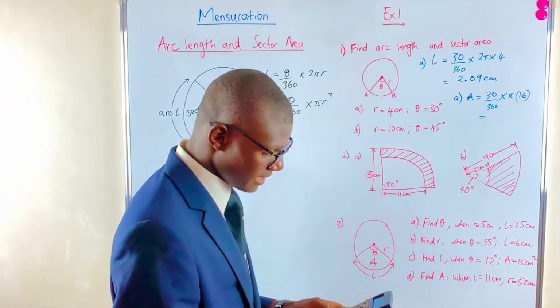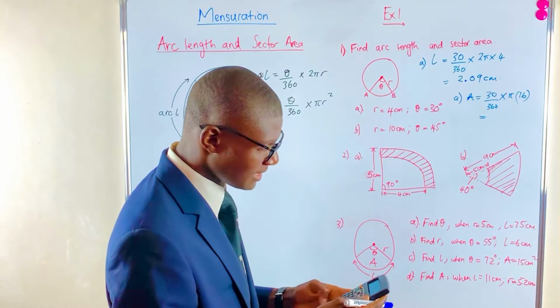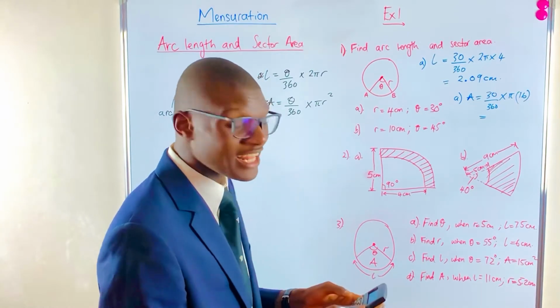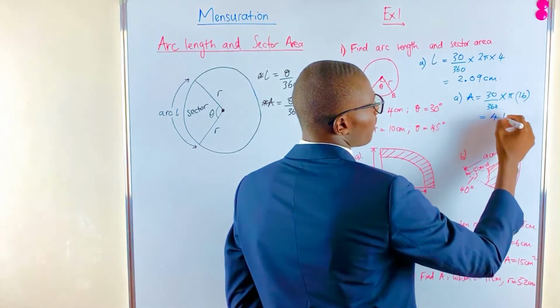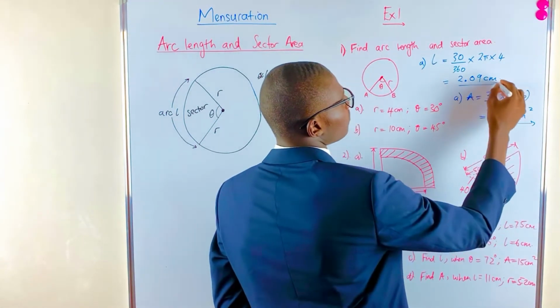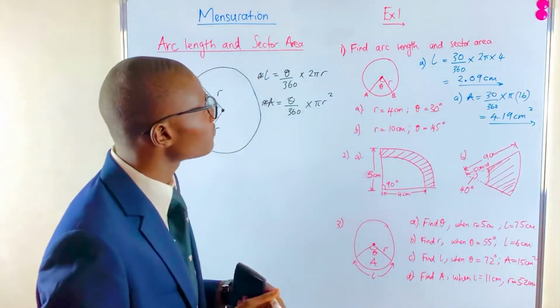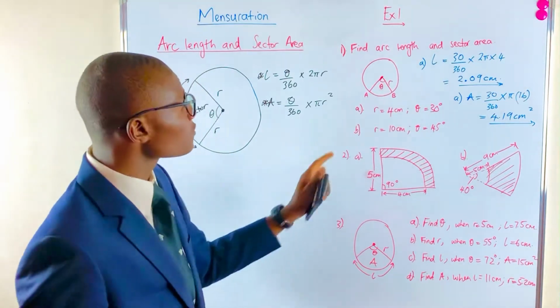We're saying 30 times 16 pi divided by 360. So we get an answer of 4.19 square centimeters. This would be the area of the sector that we have. This is for part A.